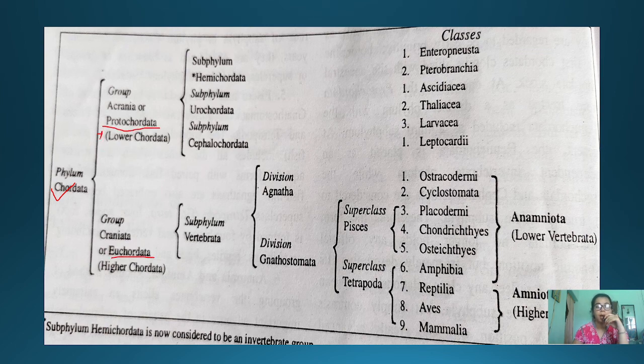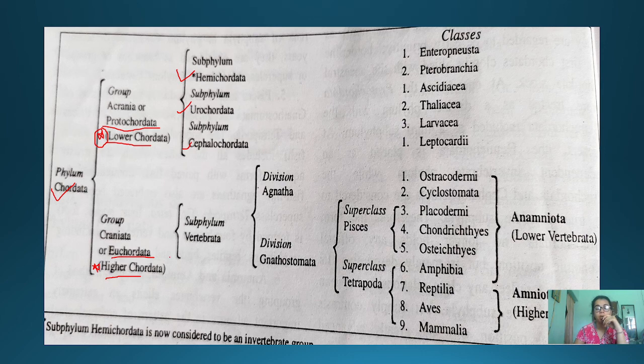Protochordata is known as lower chordata, and Urochordata is known as the higher chordata. What is the difference between the lower chordata and higher chordata? I have already mentioned in my first introduction, that is vertebrate. And lower chordata is further divided into hemichordata, urochordata and cephalochordata, which we have already covered.